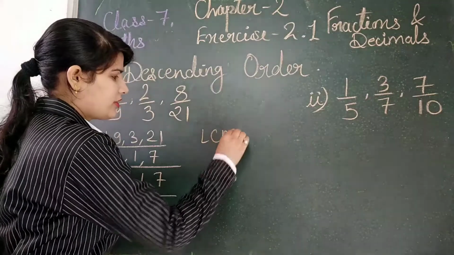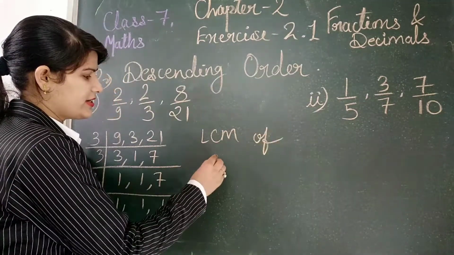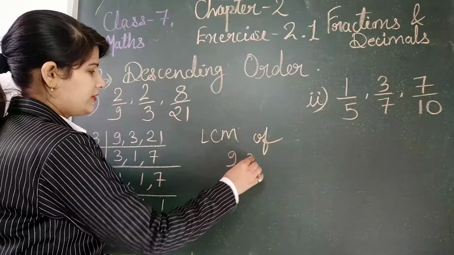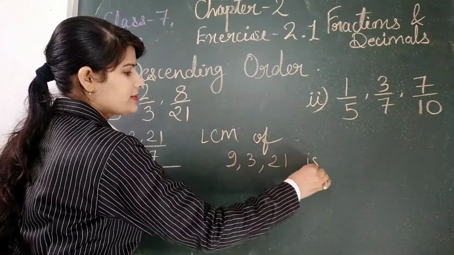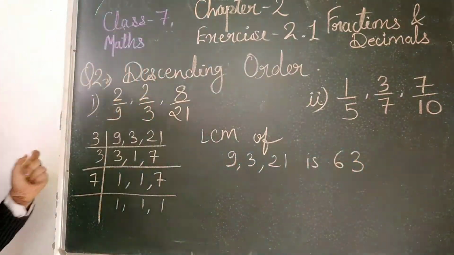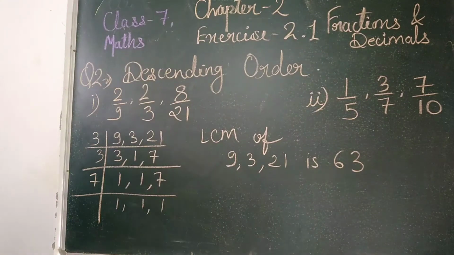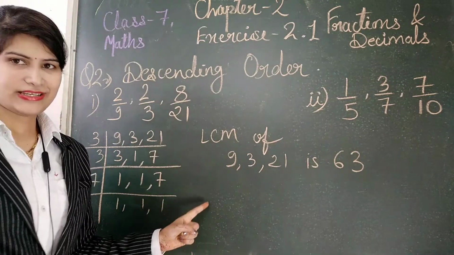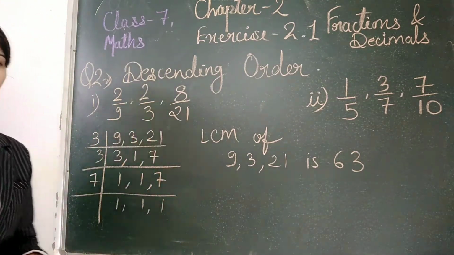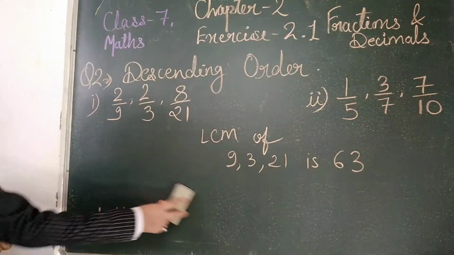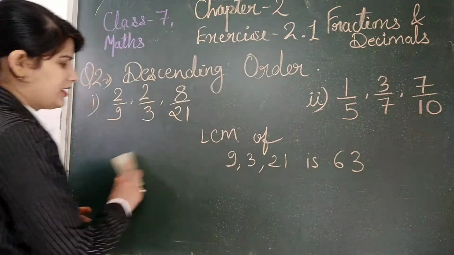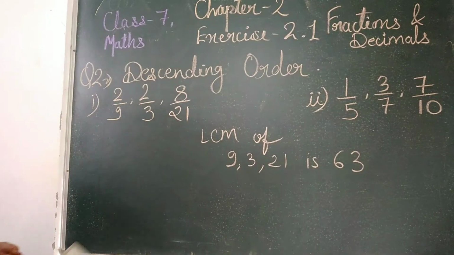So the LCM of the denominators 9, 3, 21 is 63, right? Now comes the next step. This is our first step: take the LCM of the denominators. What is our LCM? 63.